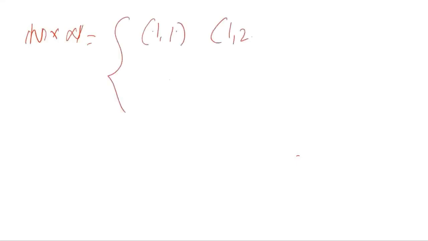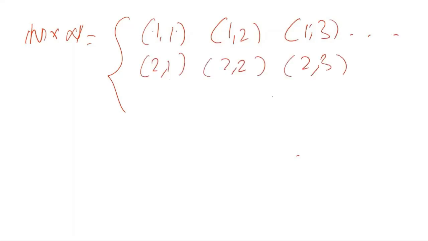Here, let me write the complete set N cross N. It is made from (1, 1), (1, 2), (1, 3) up to infinity in this direction, (2, 1), (2, 2), (2, 3) like this, (3, 1), (4, 1) like this.